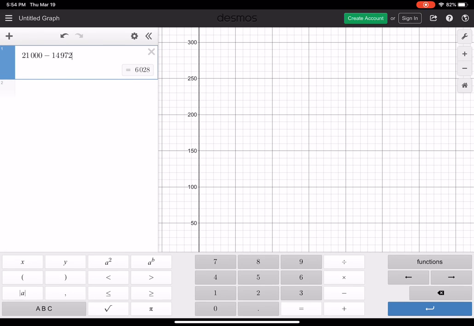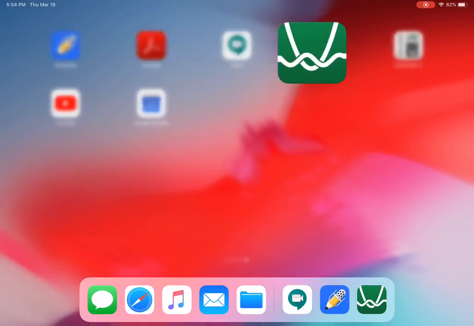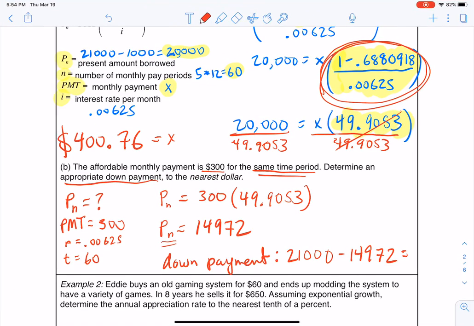And we get $6,028. So that's the amount of the down payment if we want that affordable monthly payment.